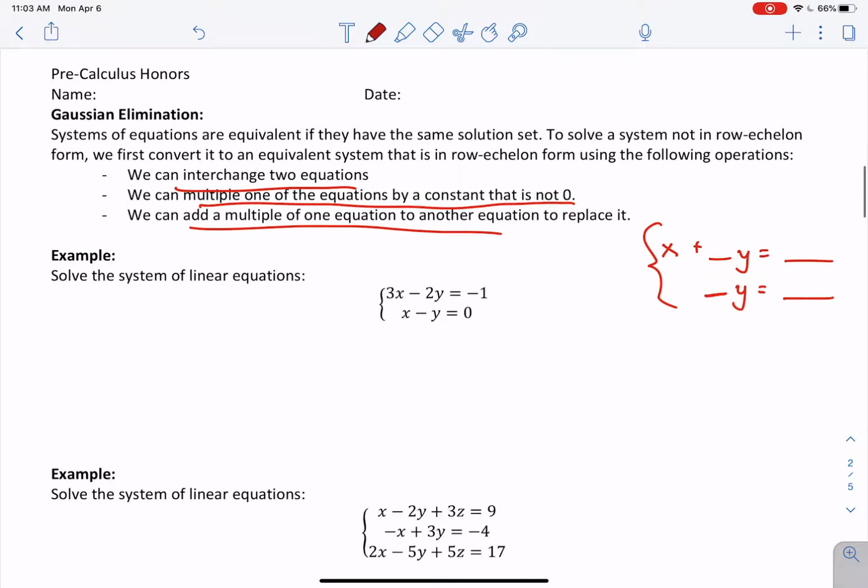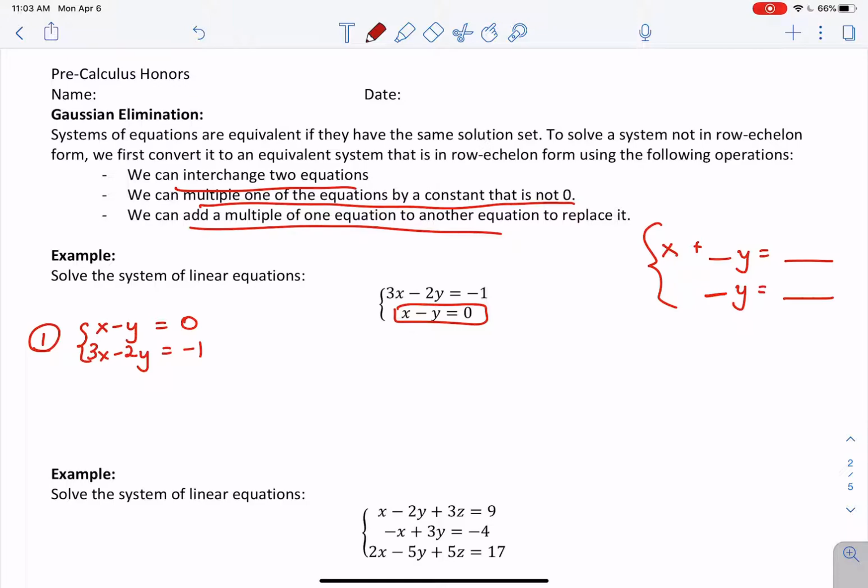So I'm going to switch the spots of these so that I have x minus y on the top and 3x minus 2y on the bottom. That takes care of the leading coefficient of 1 on the top equation.